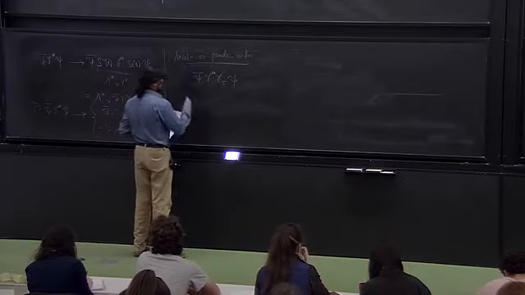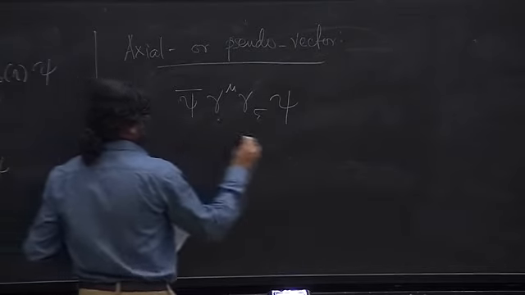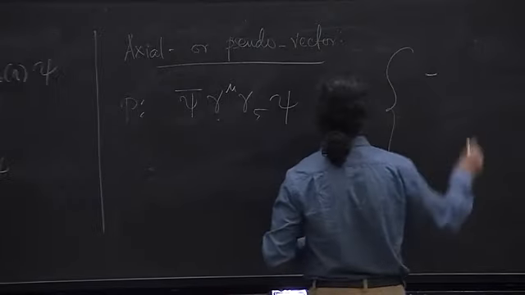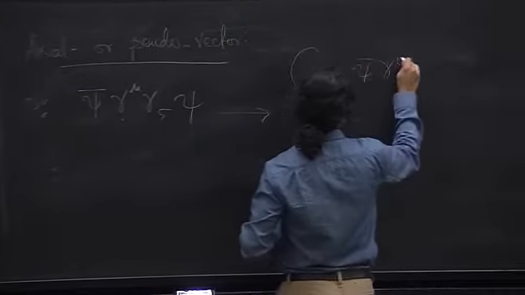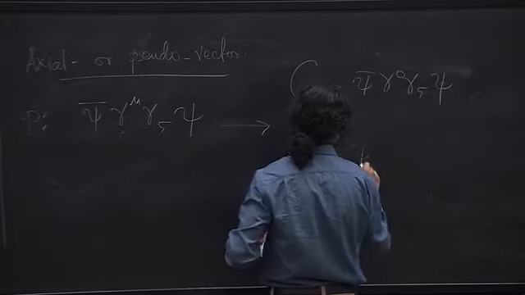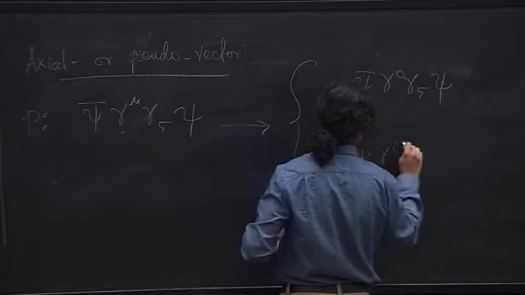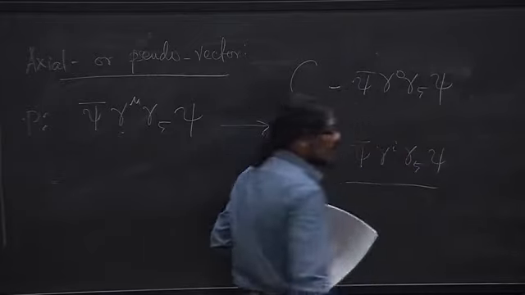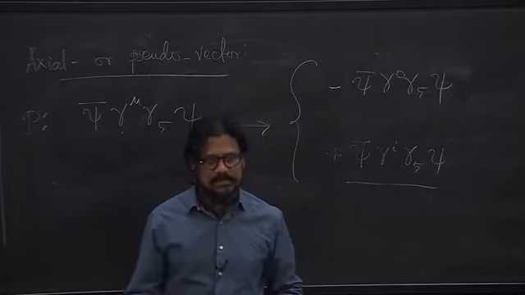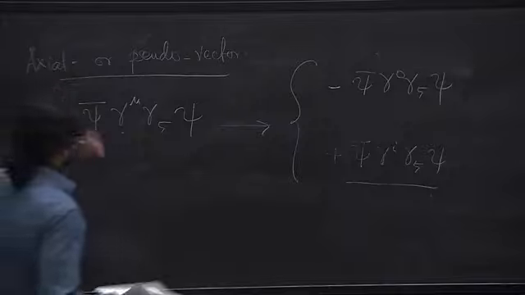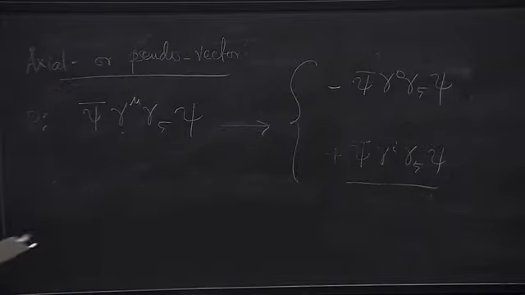But if you do a parity transformation, then the 0th component now picks up a minus sign, whereas the spatial components do not pick up any signs. And this is how, in 3 dimensions, an axial vector or a pseudo vector should behave, right? And that's why we call this an axial or pseudo vector.